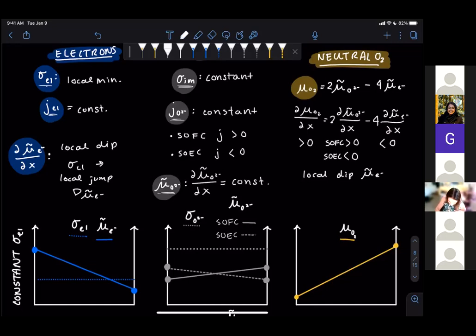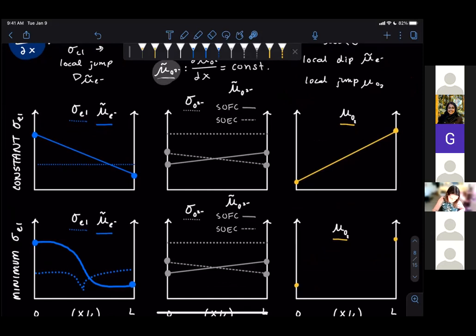Then we're going to say, okay, there should also be a concurrent local jump in the chemical potential of the oxygen, which just comes out of looking at this equation. If this goes down, this has to go up because of the negative sign. So what that looks like is essentially this equal and opposite, maybe to a greater magnitude, oxygen chemical potential profile. The best I can do on the spot. I promise I have a very beautiful version where I just erased everything for this presentation.